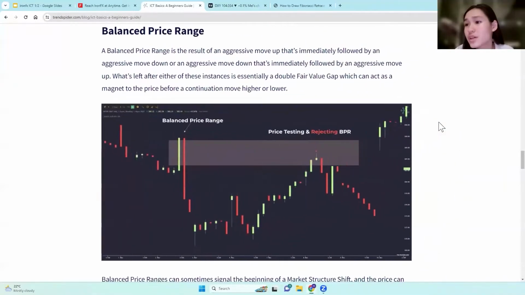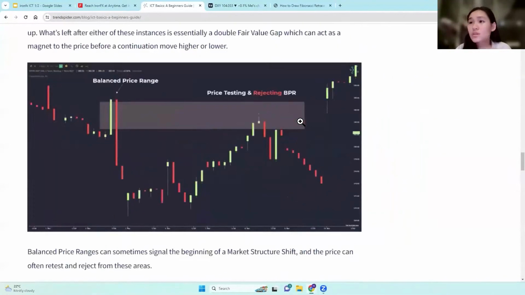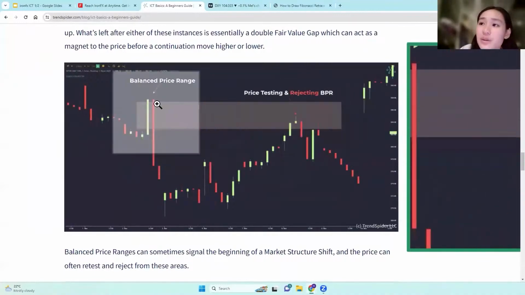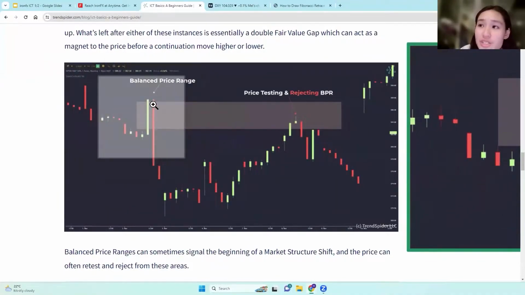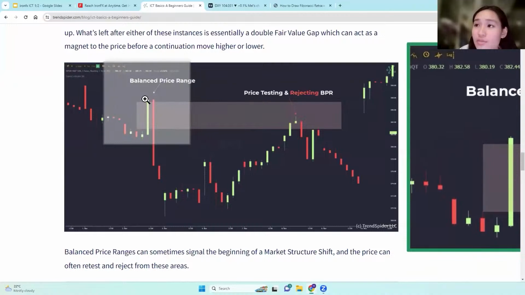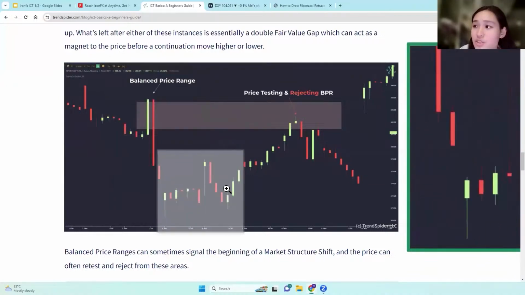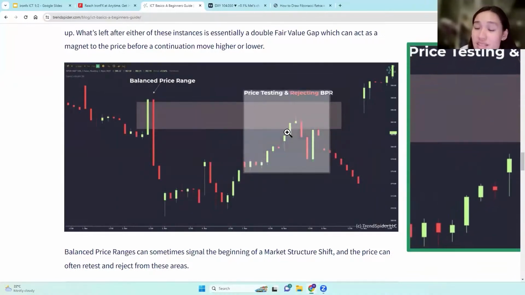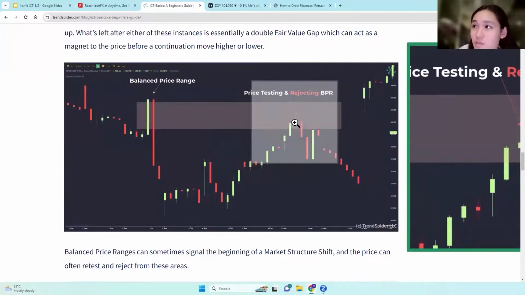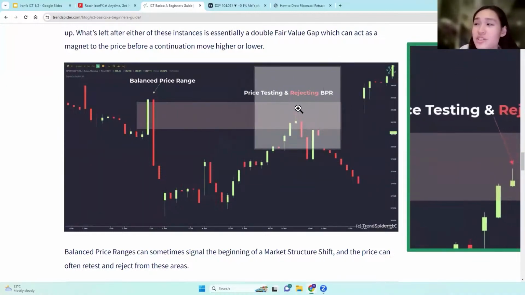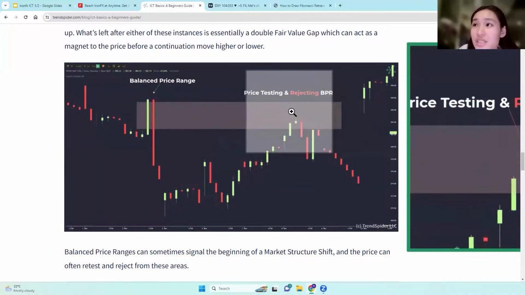Basically this is what we are looking at. We have a balanced price range up here, which is essentially where price rebounds off of a resistance level. It drops and then it tests that level again. Here it says price testing and rejecting your BPR.